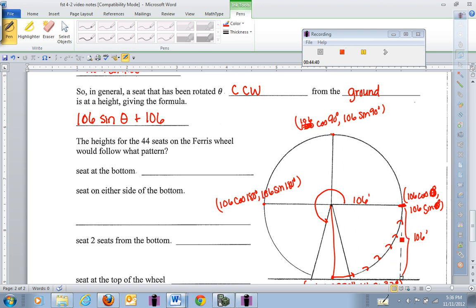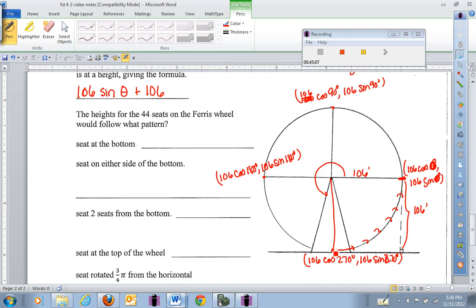Okay? The heights of the 44 seats on the Ferris wheel would follow a pattern. We want to know what pattern they would follow. Well, let's see if we can figure it out. The seat at the bottom, this seat right down here at the very bottom, is going to be at 106 times the sine of, and then you just need to tell what that amount is. Could we put 270 degrees in there?